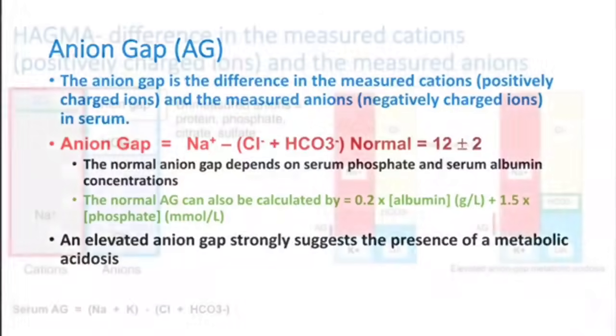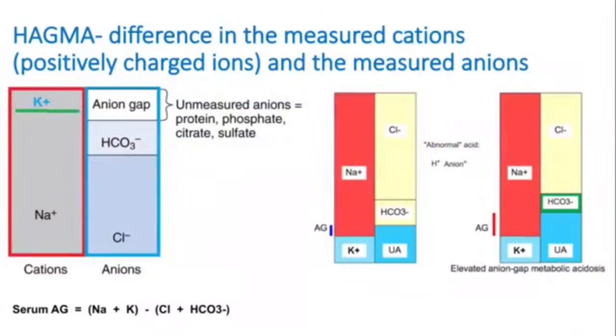Now in this picture, we can see the measured cations, sodium and potassium, and the measured anions, bicarbonate and chloride, but there is a gap between the cations and anions. That is the anion gap, that is, the unmeasured anions. We are not routinely measuring those: protein, phosphate, citrate, sulfate, all these things. On the right side, you can see an elevated anion gap.